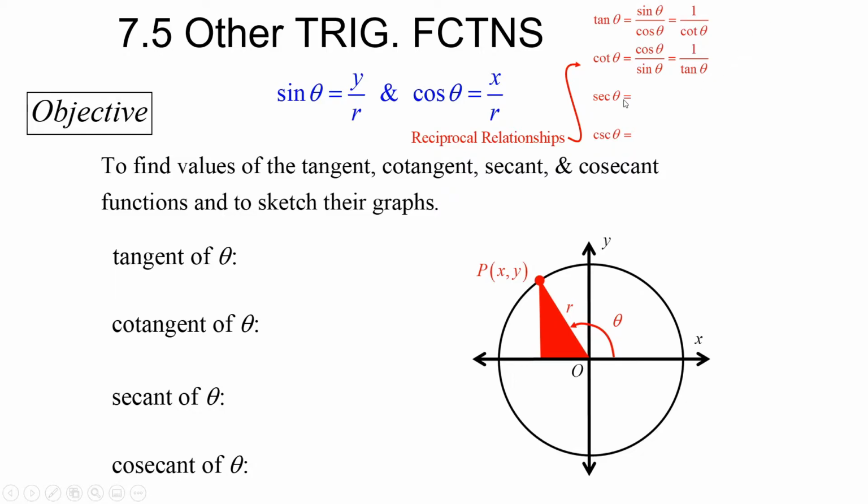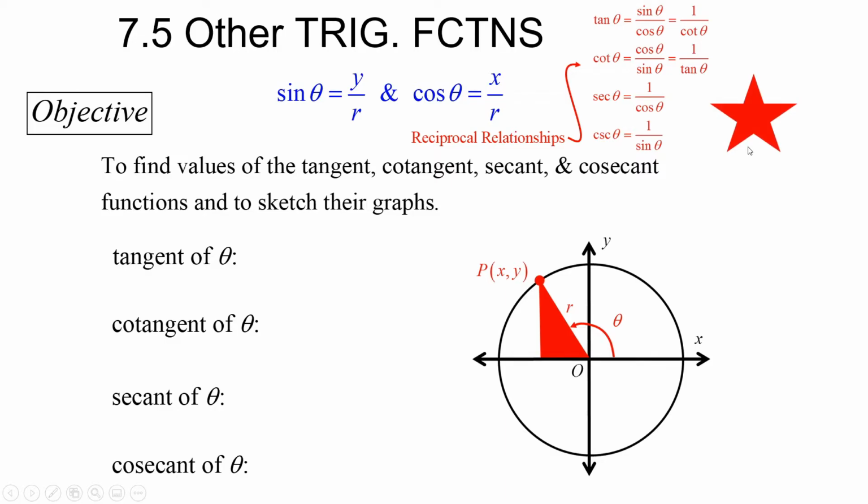Now secant of theta is 1 over cosine of theta, and cosecant of theta is 1 over sine of theta. Make sure you have these written down and highlighted, and every time you use them, write them down, and you will have them memorized before you know it.